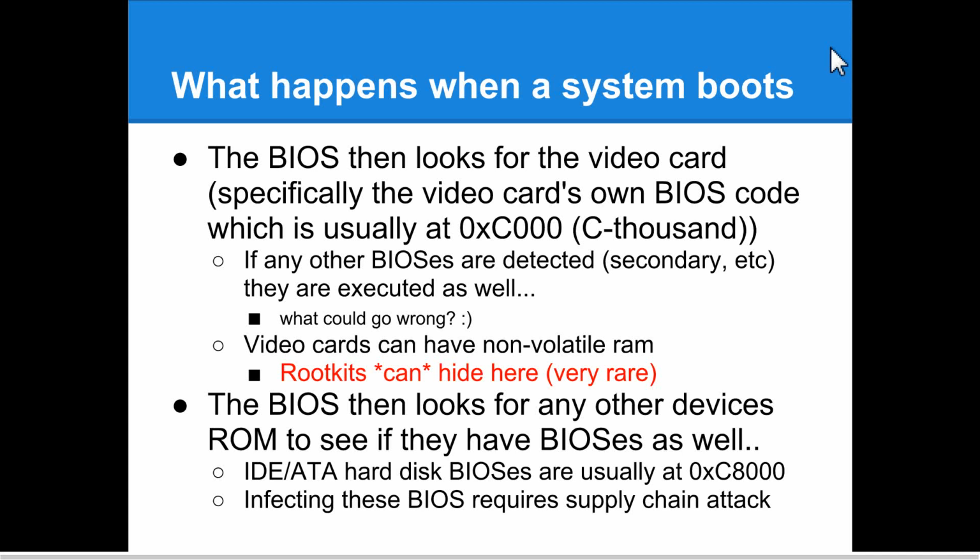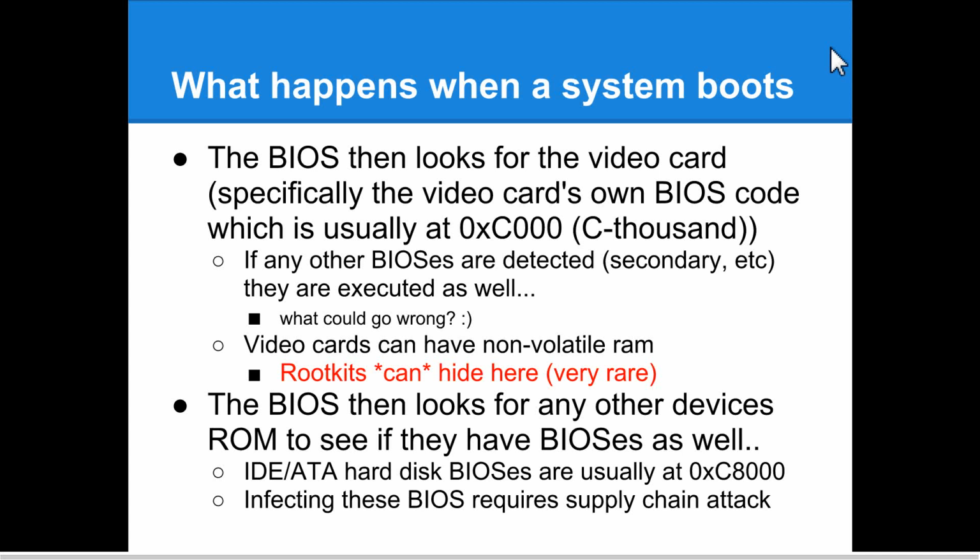What could go wrong here? If there's malicious BIOS code or code at this level, it will get executed without hesitation. Video cards also have non-volatile RAM, and it's very rare, but there have been proof of concept rootkits that hide in non-volatile RAM on specific video cards.